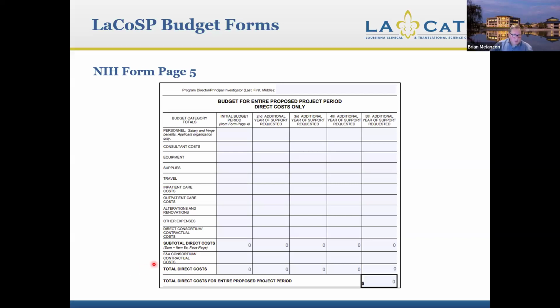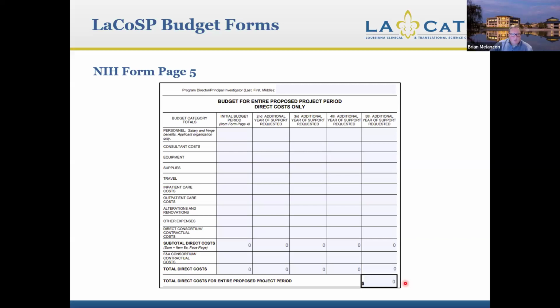What this particular section does from form, page 5, it'll sum it all, and you'll have the total here on your budget for all project periods that you've listed out in the form, page 4. So for the Community Scholars Program, being that it is a 1-year project, you should only fill out the initial budget period here, and your total over here could be up to $10,000.